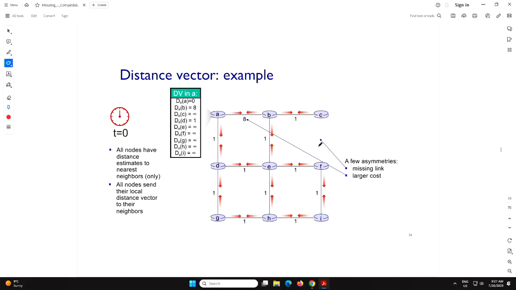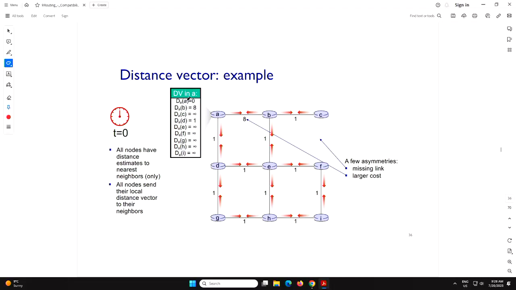So now we look at a small network with some real entries in the routing table to see the process of distance vector routing, right? So we have these nodes A, B, C, D, F, G, H, I, and if you look inside the routing table, then A only knows its neighbors.